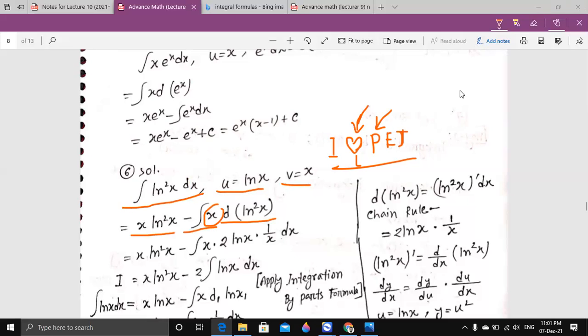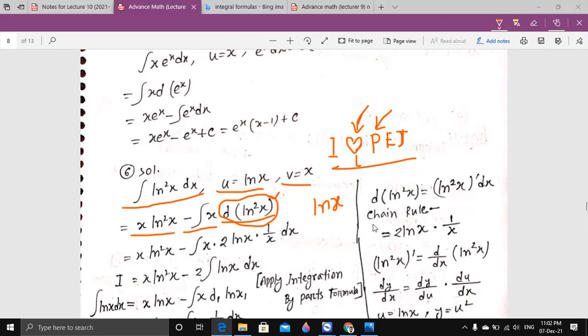So look here. We have d of ln squared x. How to calculate this? Do you remember? Ln x derivative dx, right? Ln squared x derivative dx. Here is the critical part, okay? We know how to calculate the derivative of ln x, but we don't know how to calculate ln squared x.